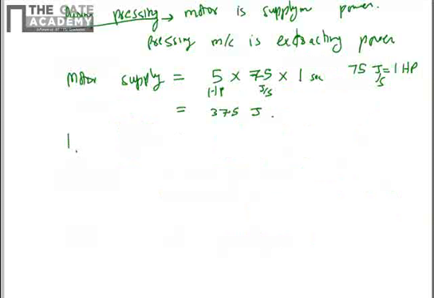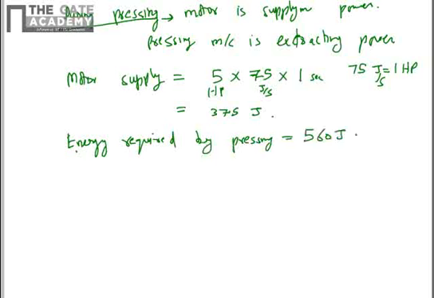So the motor supply of energy is nearly 375 joules. Now the energy required by the pressing machine is equal to 560 joule, that is the given quantity. So that means the supply from the motor is less than the energy required by the pressing machine.